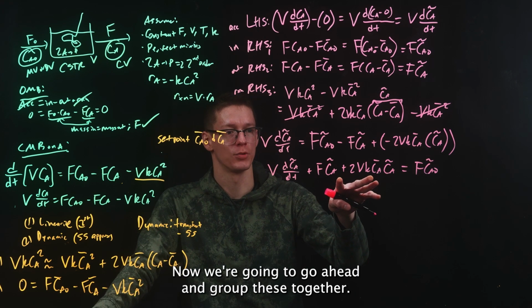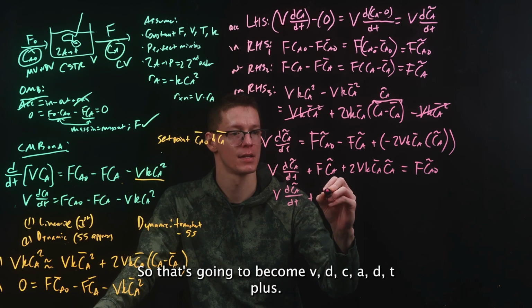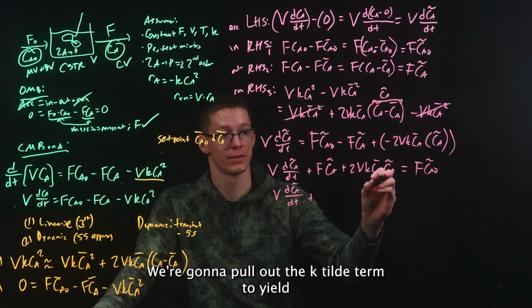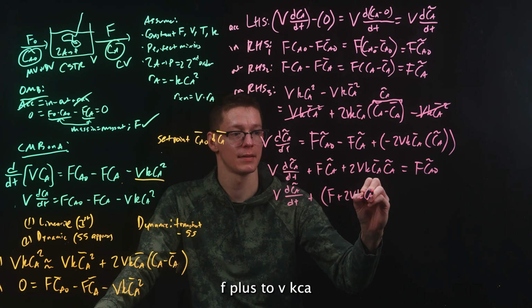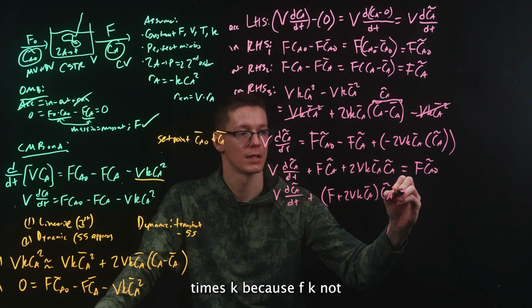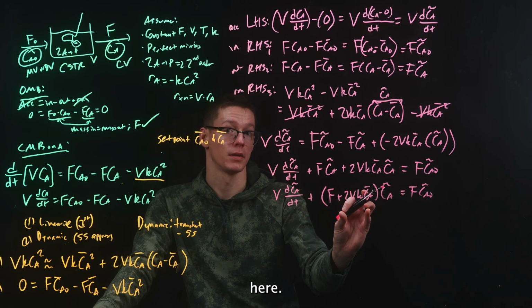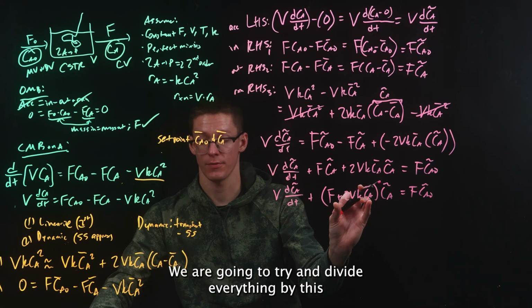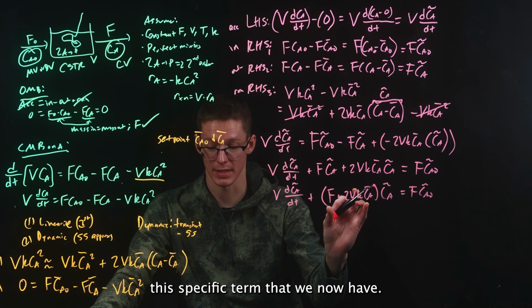Now we're going to go ahead and group these together. So that's going to become V dCA/dt plus, we're going to pull out the CA tilde term to yield F plus 2 VK CA times CA equals F CA naught. Here, we are going to try and divide everything by this specific term that we now have.